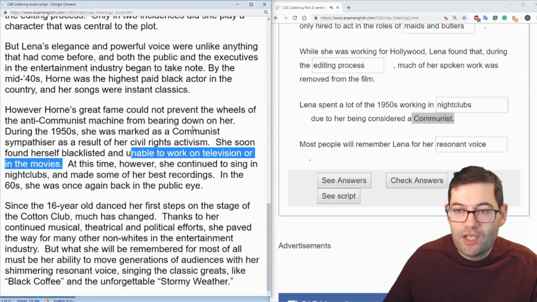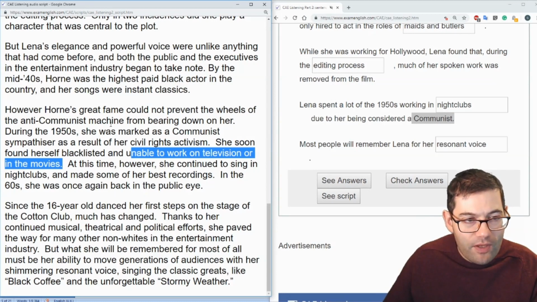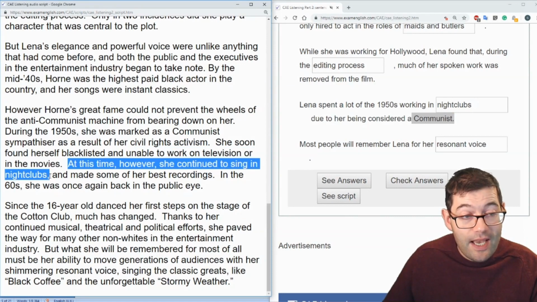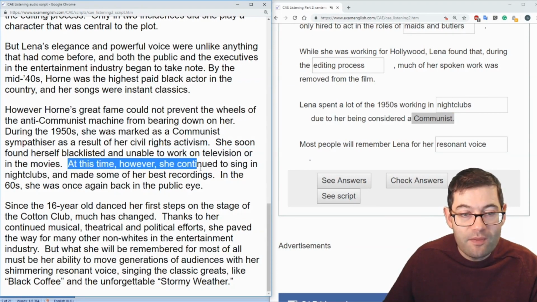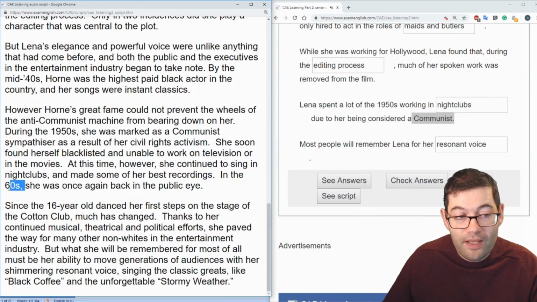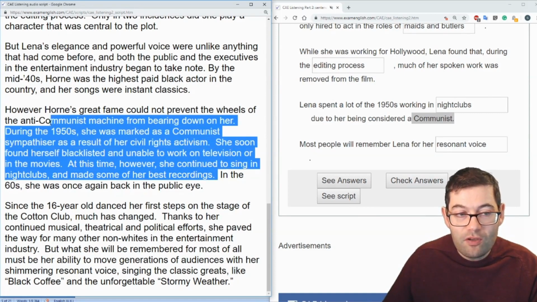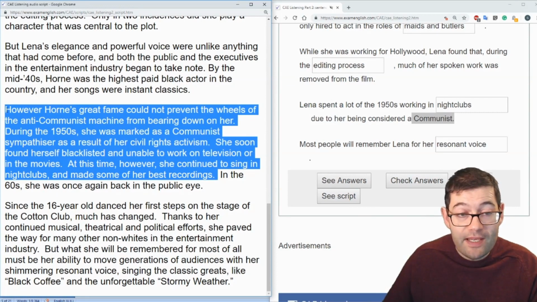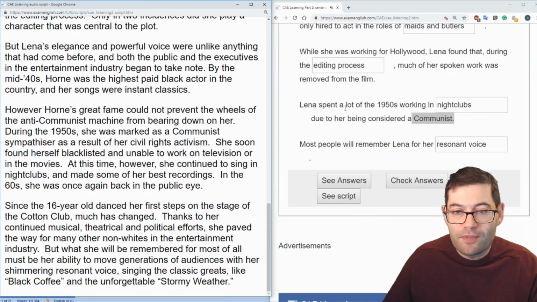So as a result, she had to work somewhere, and where's my vocabulary link? You can find it in the sentence just afterwards. At this time, however, she continued to sing in nightclubs and made some of her best recordings. And then it goes on to talk about the 1960s. So we've got the context established through vocabulary links very well here. And that's why our answer is nightclubs.